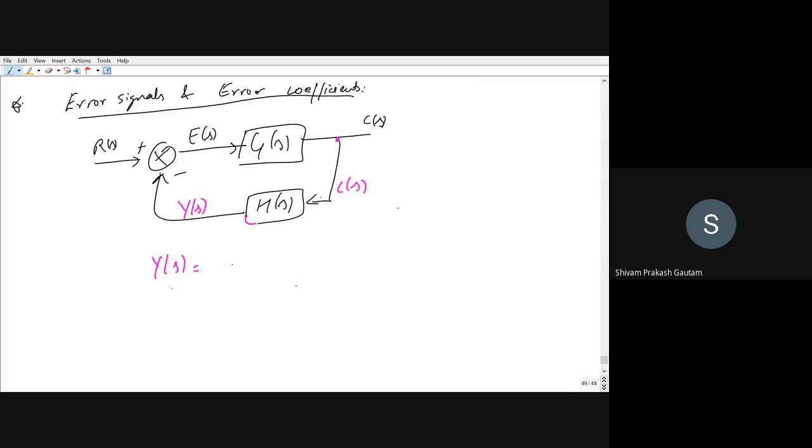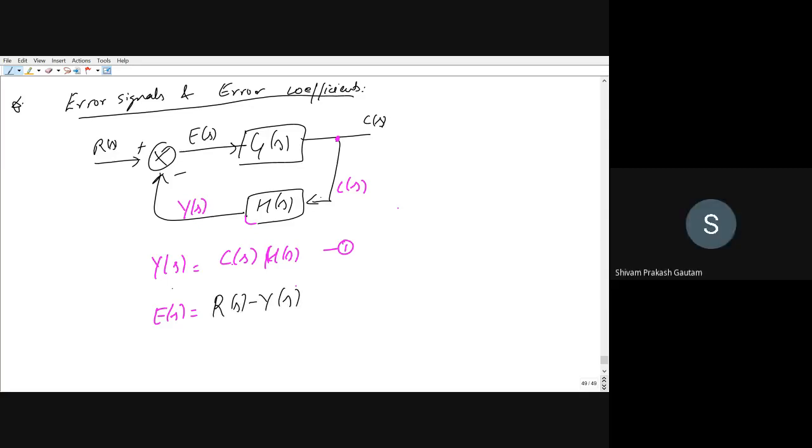So y of s will be equal to how much? It will be C of s into H of s, because this is the takeoff point and we have a feedback element, so it will multiply. So y of s is equal to C of s into H of s, and now E of s will be equal to R of s minus Y of s.